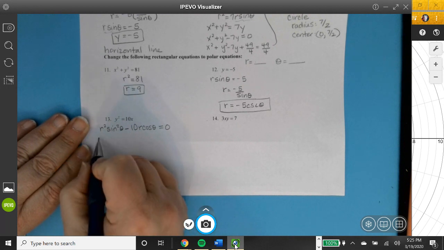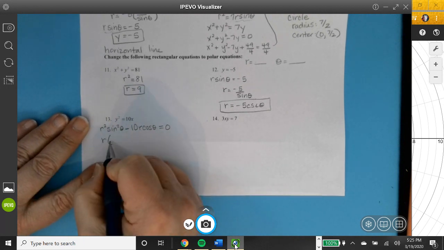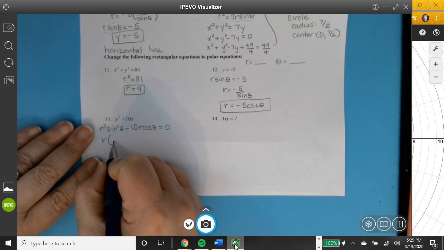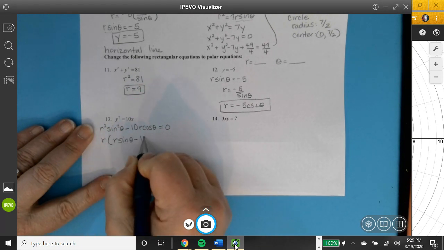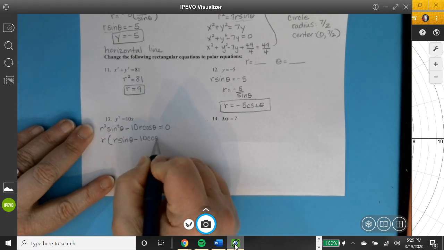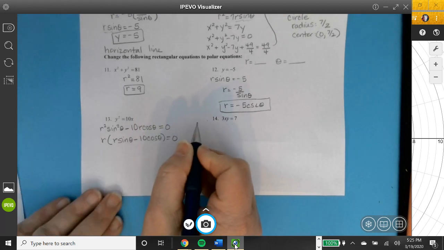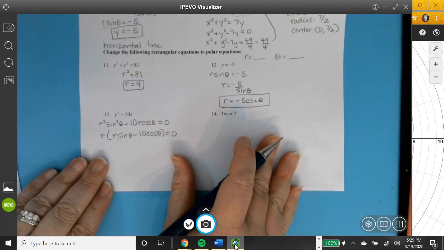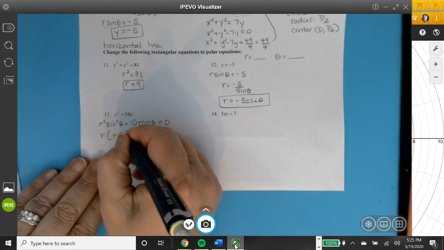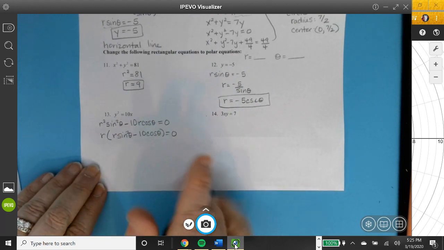And now I'm going to factor out an r. And you'll see why I'm going to do that in a minute. Okay, so we get r sine squared theta minus 10 cosine theta equals 0. Can't forget the square.